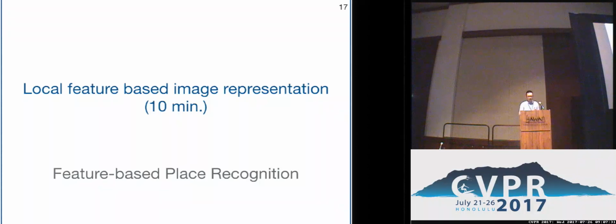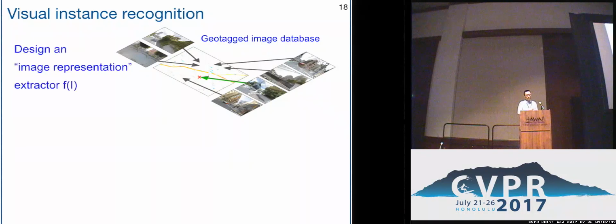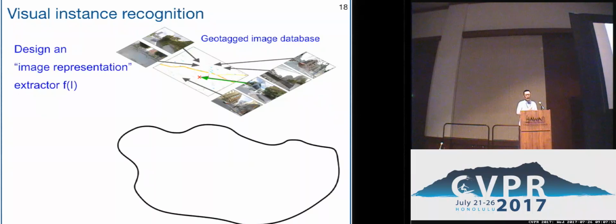Okay. So now I'm going to review the local feature-based image representation, which is commonly used in place recognition. In visual instance recognition, given a database of images, we design an image representation extractor function which provides a mapping from an image to an image representation space.